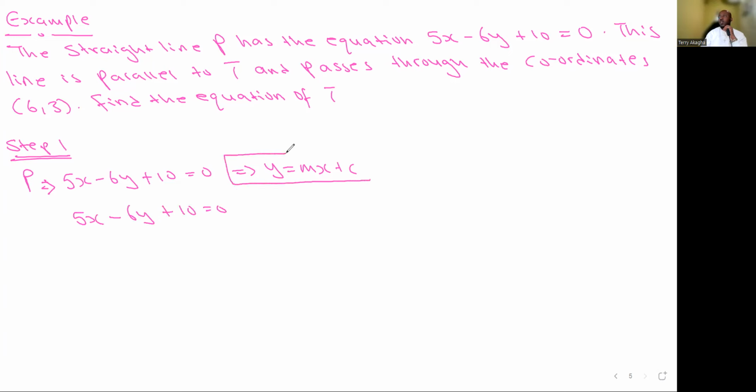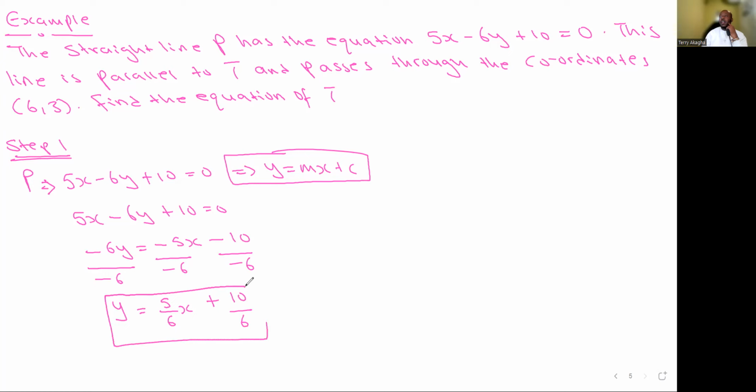You take all the variables away from x, so you're going to have minus 6y is equal to minus 5x minus 10. Then you divide both sides by minus 6 to make y the subject. Minus divided by minus will give you plus, so y is equal to 5 over 6 x plus 10 over 6. And this is the equation of the line.